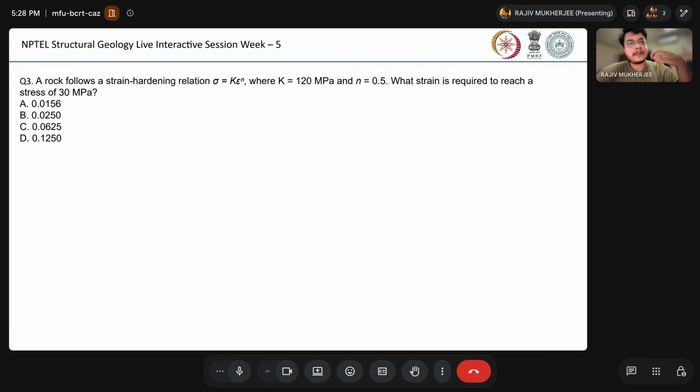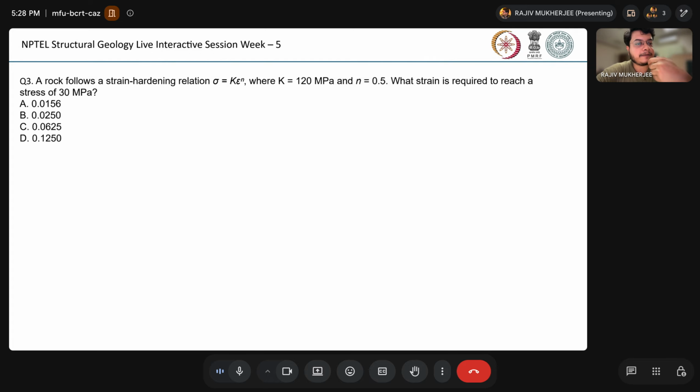If the requirement of stress to impose a unit amount of permanent strain keeps on increasing monotonically, then that behavior is termed a strain hardening response from the material.